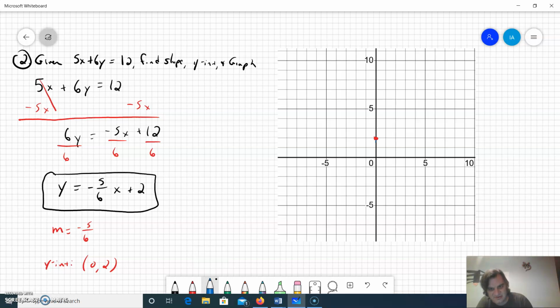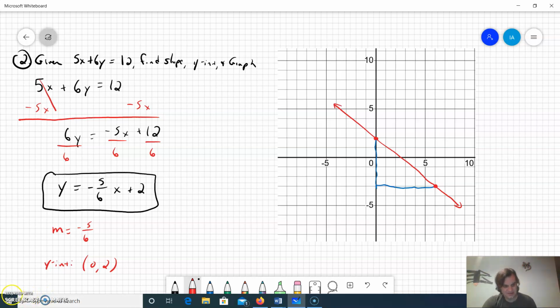So from there we'll go down 1, 2, 3, 4, 5, and we'll go over 6: 1, 2, 3, 4, 5, 6. So we start at the point (0, 2), and now we're at the point (6, -3). We could do some more plotting with that, but we're going to just run our line through those two points and have our solution.